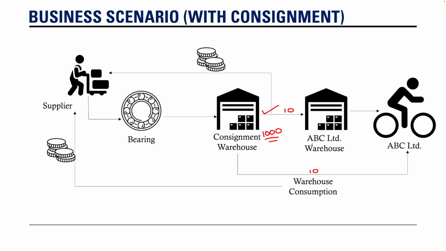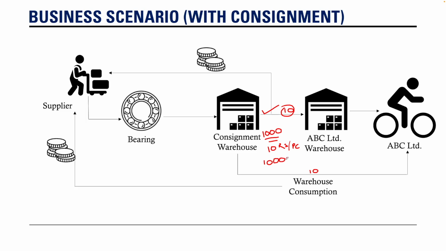In both the cases, you will be liable to pay to the vendor the amount equivalent to this 10 quantity only. That is, let's say that these 1000 bearings were procured at a price of 10 rupees per piece. And so the total amount is 10,000, but you will not be paying to the vendor this 10,000 rupees.